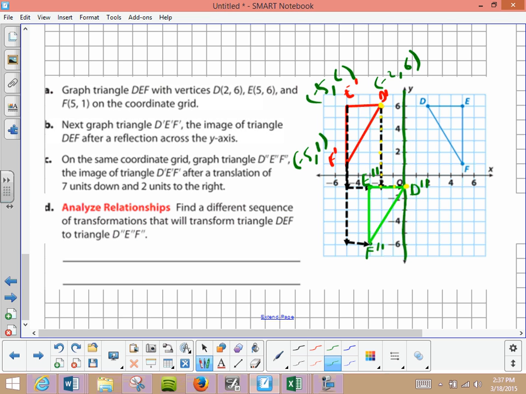When you're moving up and down, where are you moving? On the y-axis or the x-axis? Y-axis, right? If I'm going up, am I adding or subtracting? Adding. So if it says 7 units down, that means I'm subtracting 7 from all my y values.